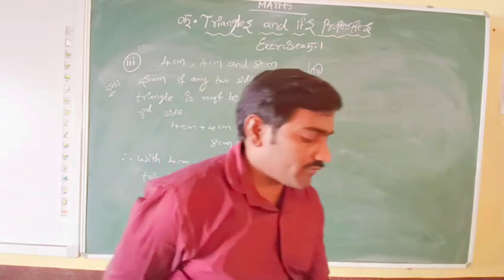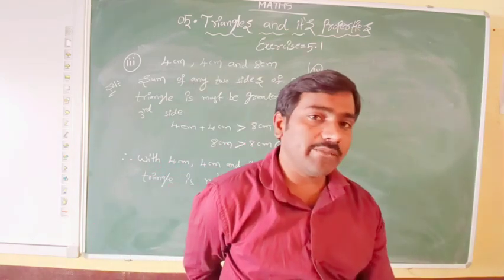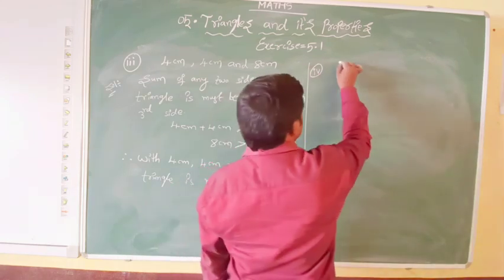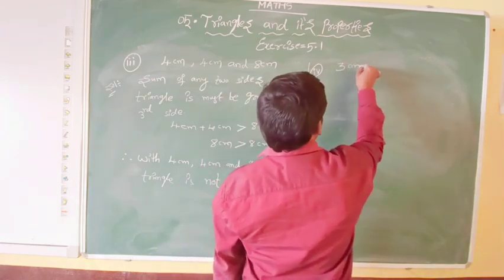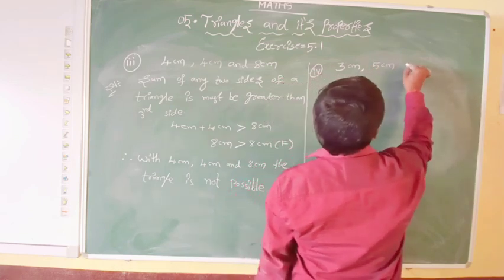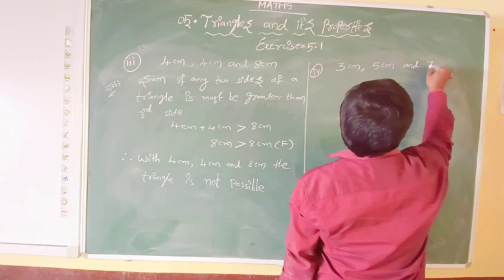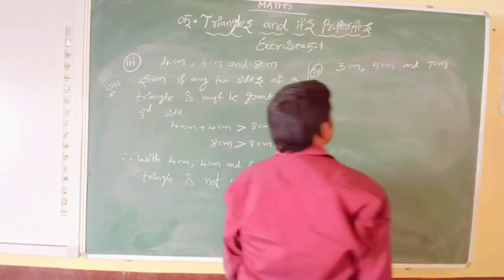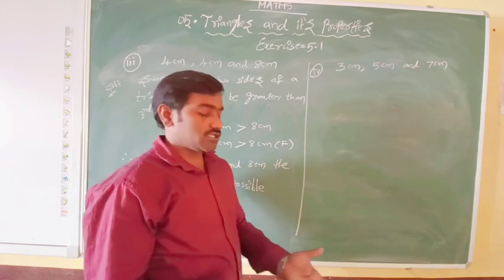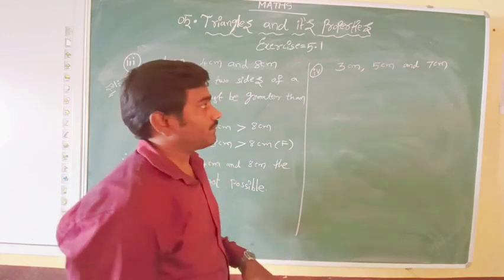The fourth question is 3 centimeter, 5 centimeter and 7 centimeter. Let's check with these three given measurements whether the triangle is possible or not.